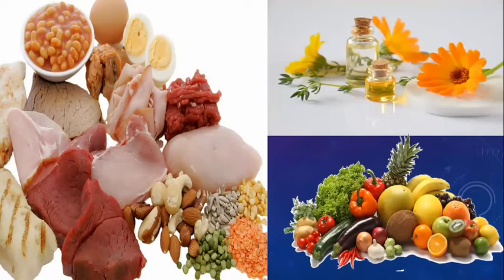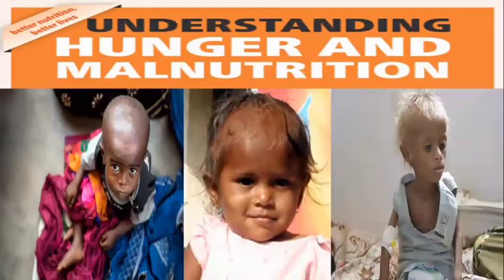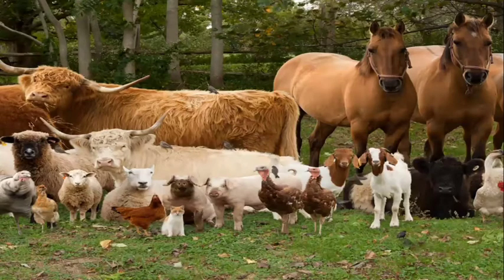If the crop has this quality of protein, oil content, and mineral content, we can avoid undernutrition and protein malnutrition in human beings and animals.